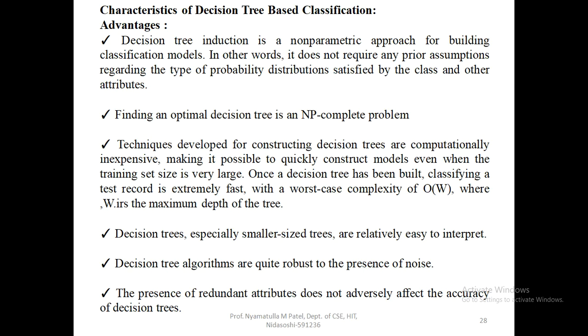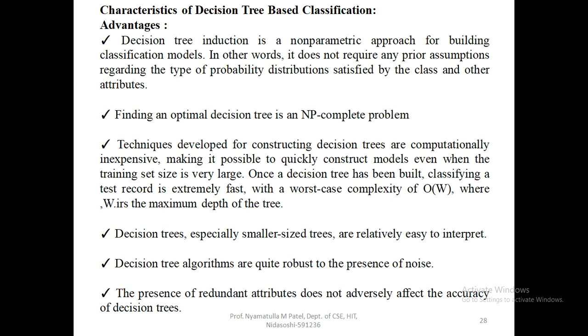Now, coming to the characteristics of decision tree based classification. What are the advantages? Decision tree induction is a non-parametric approach for building classification models. In other words, it does not require any prior assumption regarding the type of probability distribution satisfied by the class and other attributes.